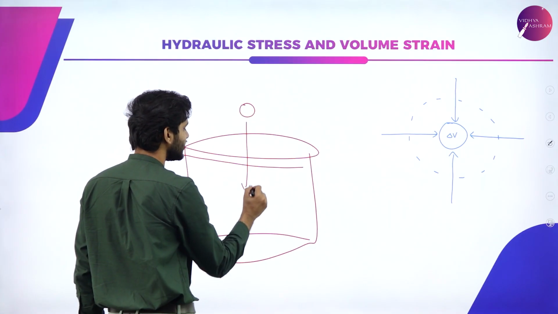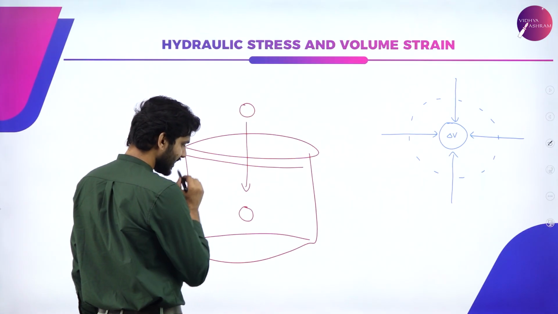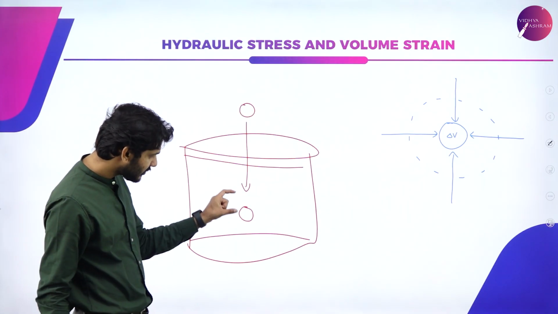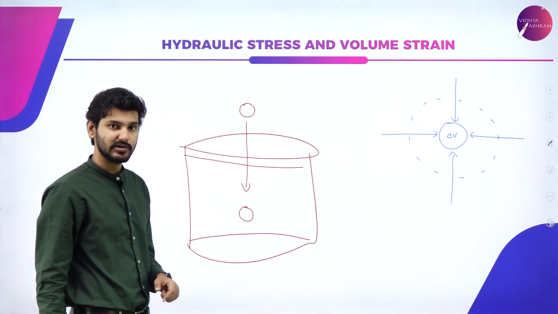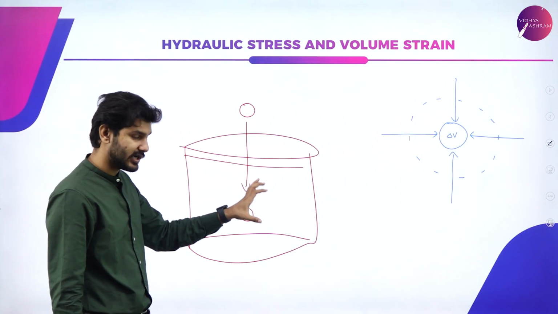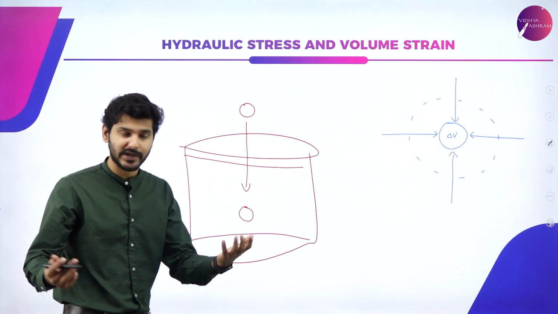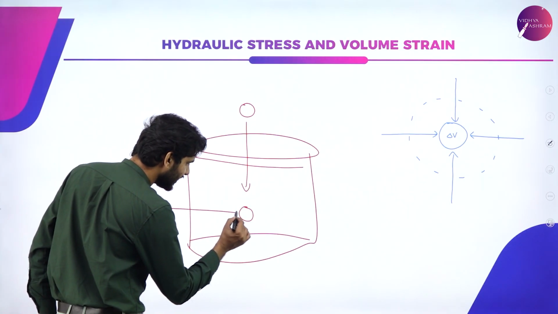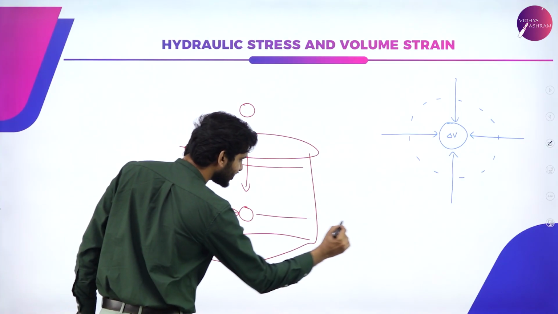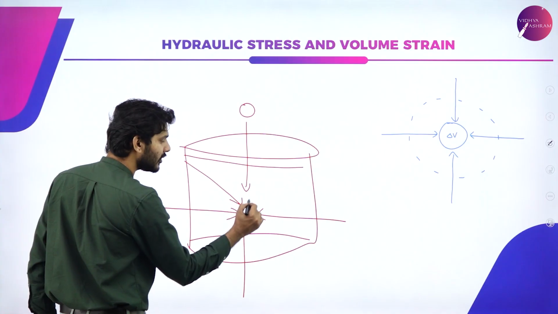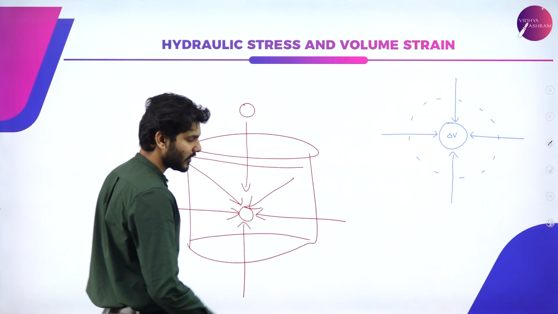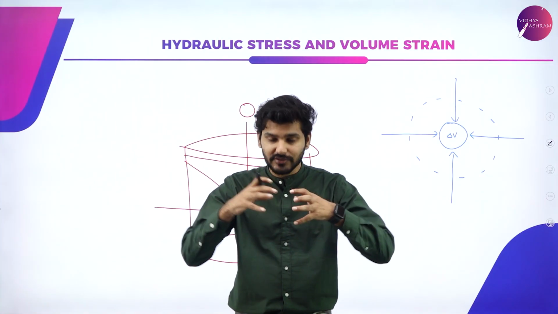When the pearl hits the bottom of the beaker, it is surrounded by water molecules. This water is nothing but a fluid. This fluid will exert a pressure from all directions on the pearl, right? It will exert a force in all directions onto that pearl.